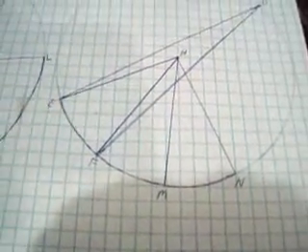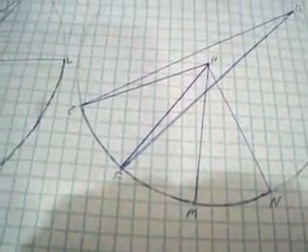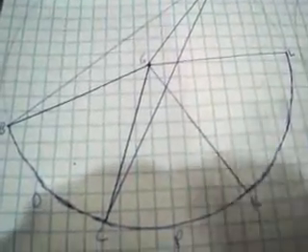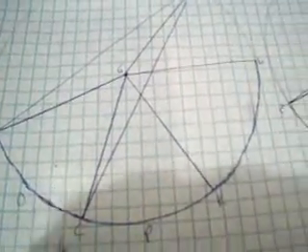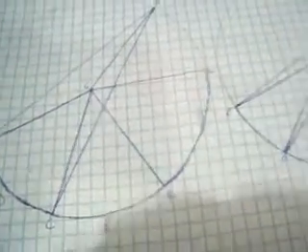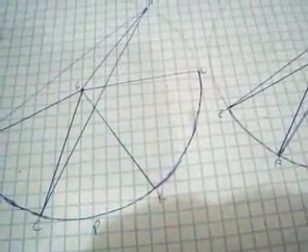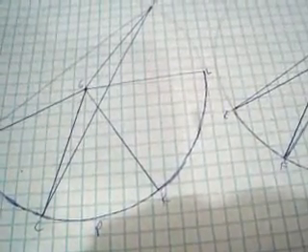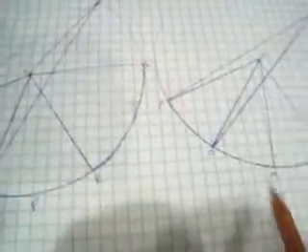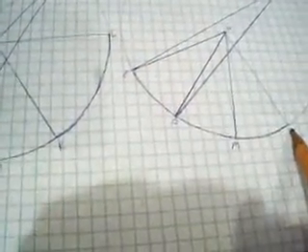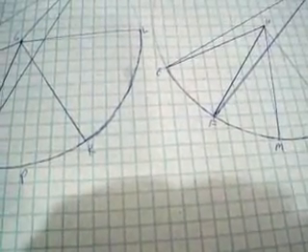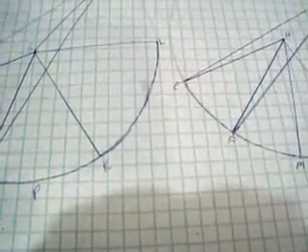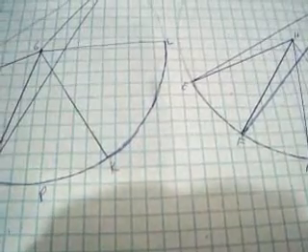Okay. If then the circumference BL is equal to the circumference EN, the angle BGL is also equal to EHN.